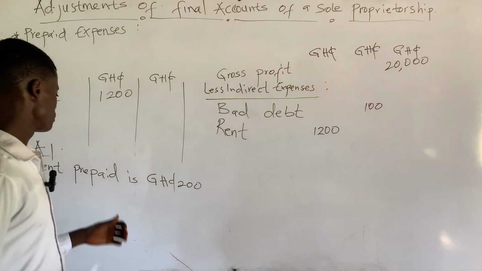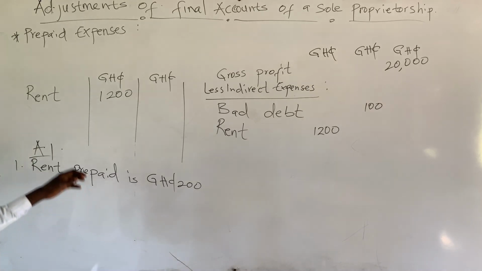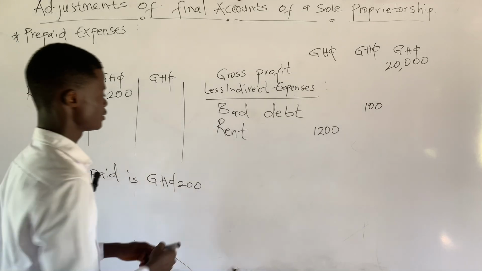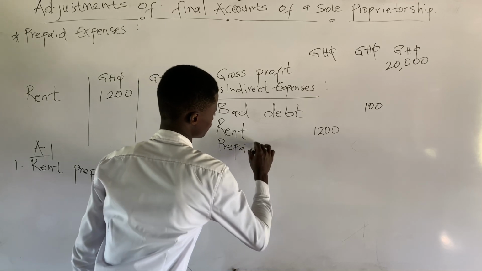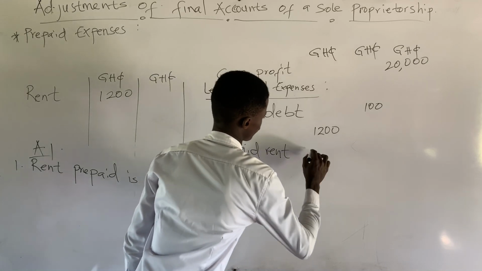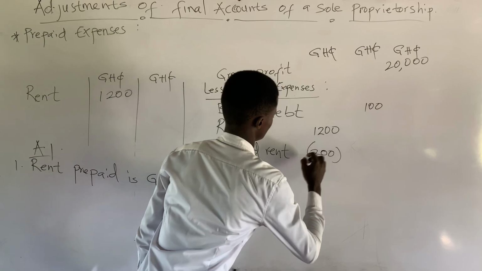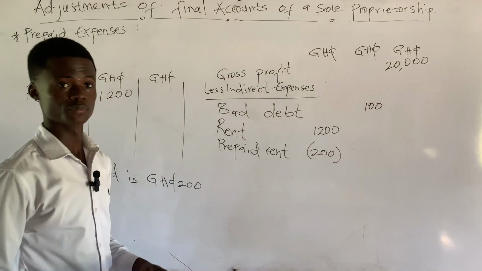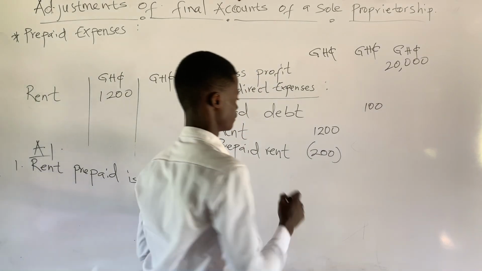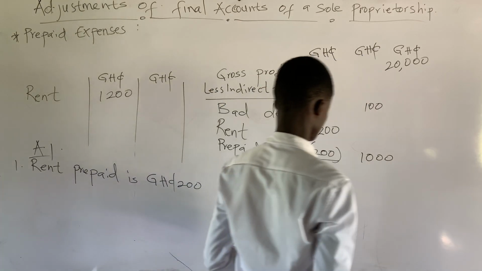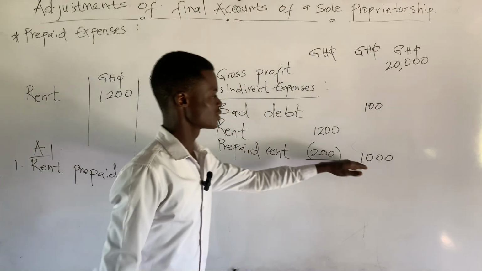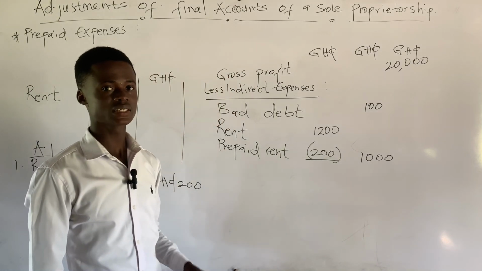Then because we said the prepaid rent needs to be subtracted from the rent expenses paid, then we will bring our prepaid rent here of 200 cedis. We all know that bracket means we are subtracting from the above figure. So we will take it out to get 1,000 cedis. So this 1,000 cedis is the rent expenses incurred.